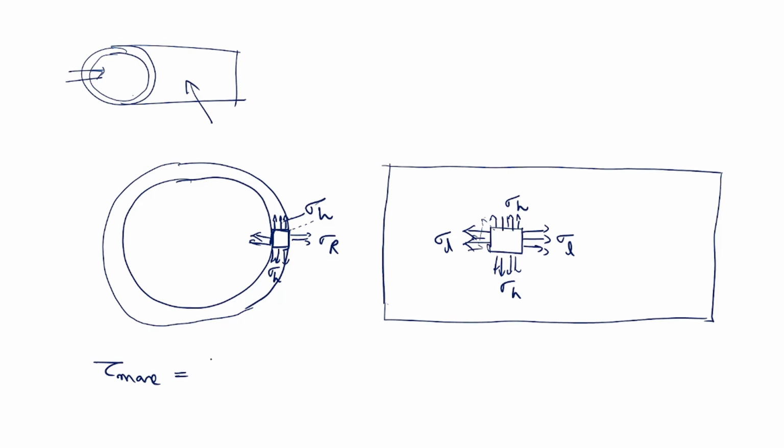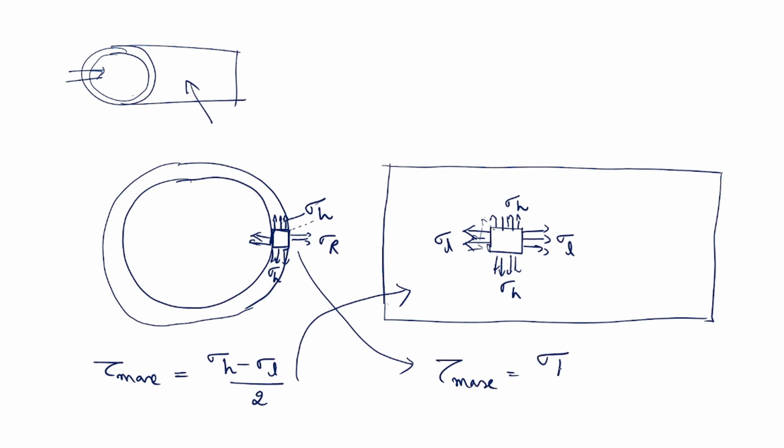If you know the principal stresses, you can use sigma H minus sigma L by 2 if it is corresponding to this 2D element. Suppose if you take this element, you have to calculate tau max as sigma H minus sigma R by 2. Those are the principal stresses.